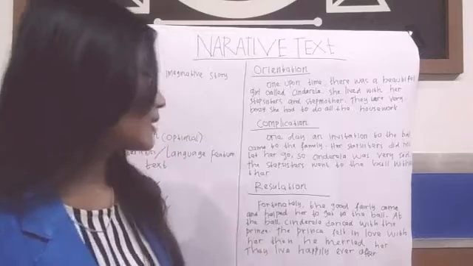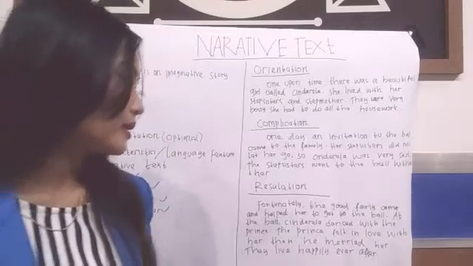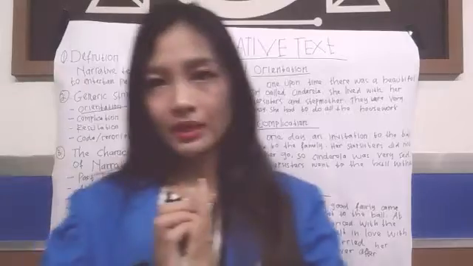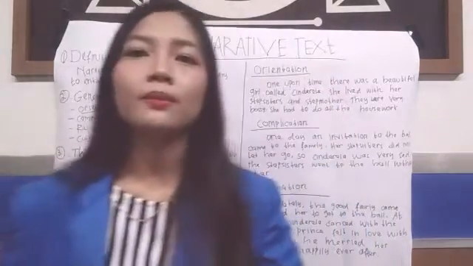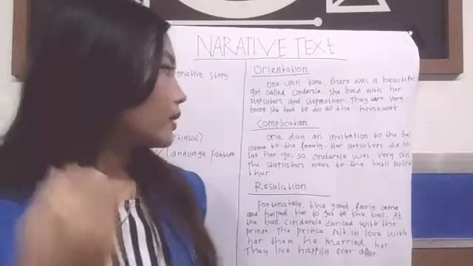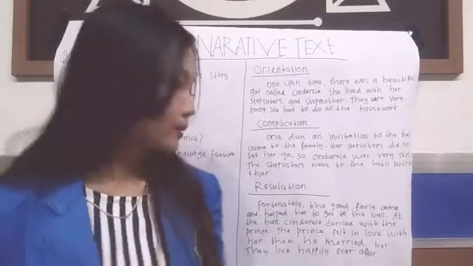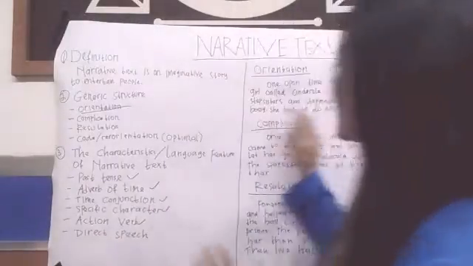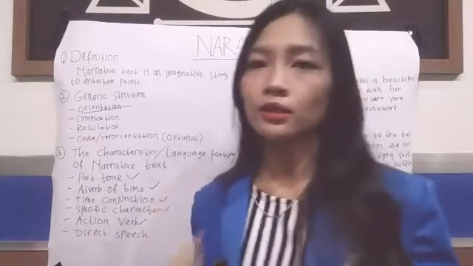Then he married her, and they lived happily ever after. So this is the story of Cinderella. I have explained to you this story and the orientation, complication, and resolution.